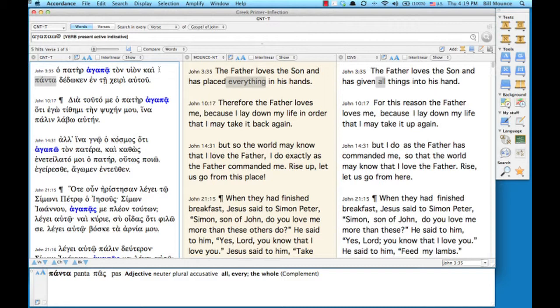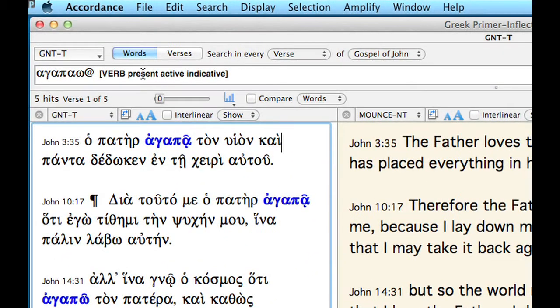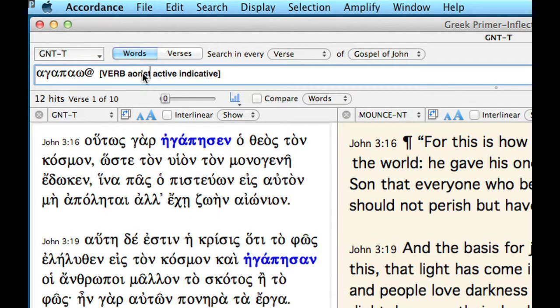I want to switch into a past time. One of the past tenses in Greek is called the aorist. So select the word present and type in the word aorist, A-O-R-I-S-T, and do your search. You still have the dictionary form in the search box. You still have agapao, and you can use that for comparisons.